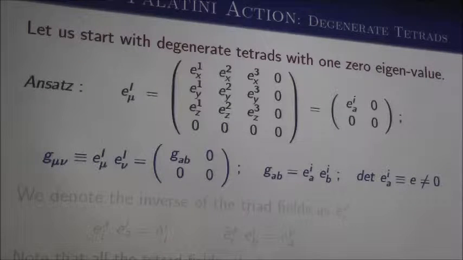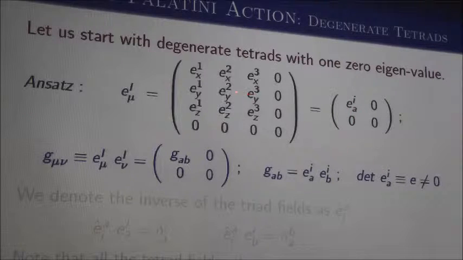So now the metric becomes again degenerate. It's a 3 × 3 block GAB here, which is the product of two triads. And the determinant of these triads, I'll call E, is non-zero, because by assumption there's only one zero eigenvalue.